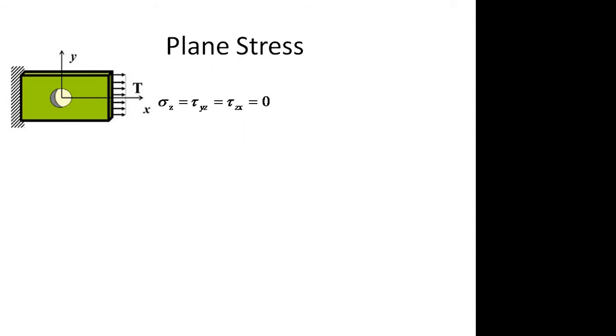Since we are applying the load along the x direction or y direction, the stress along the x and y directions will be large, and the stress along the z direction will be very, very negligible, since we are not constricting or fixing the z direction.